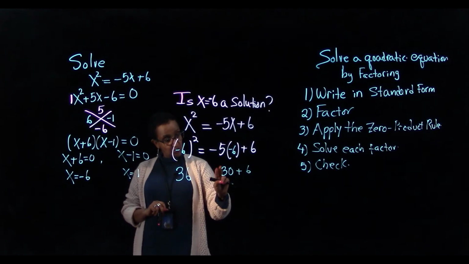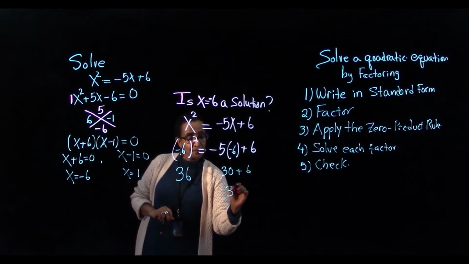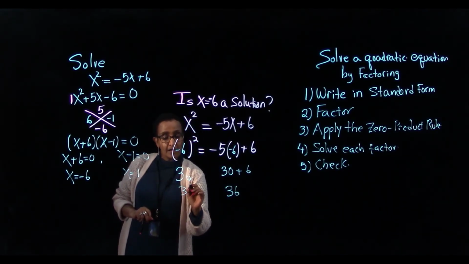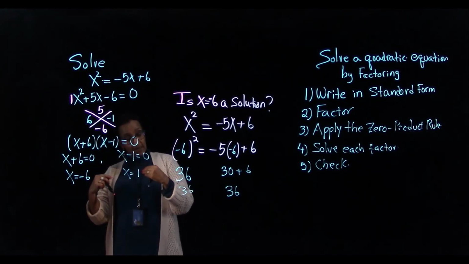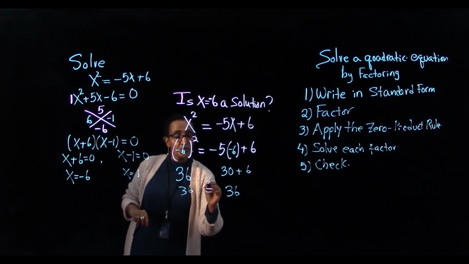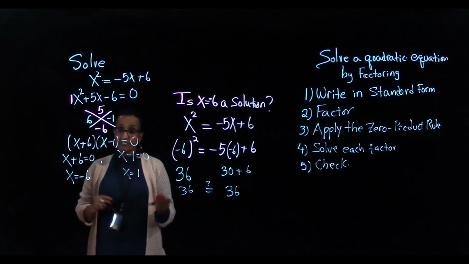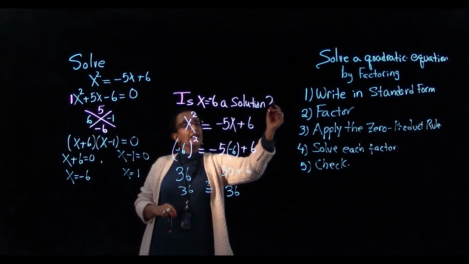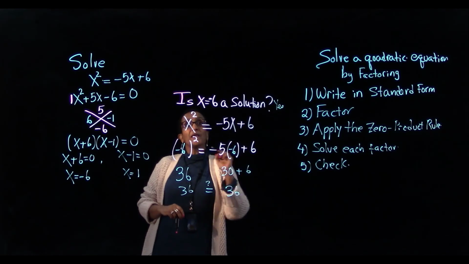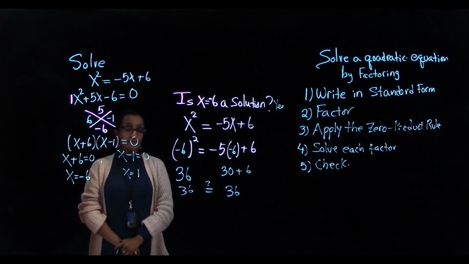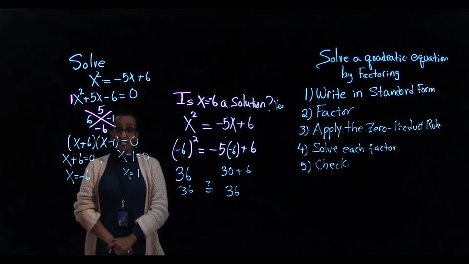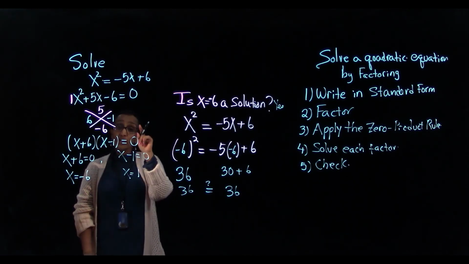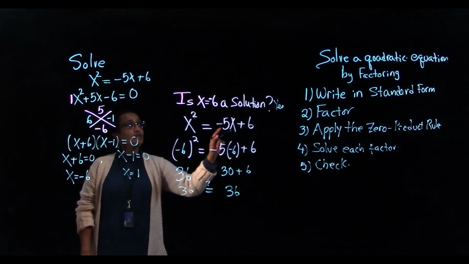And now I'm going to add. Is the number on the left equal to the number on the right? Since I have the left-hand side equal to the right-hand side, I'm going to say yes, x equals -6 is a solution. And this is how we solve a quadratic equation by factoring.